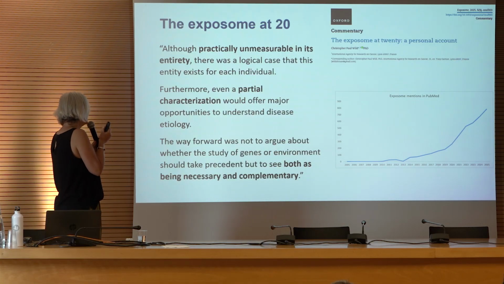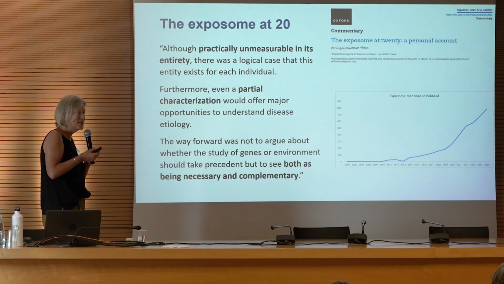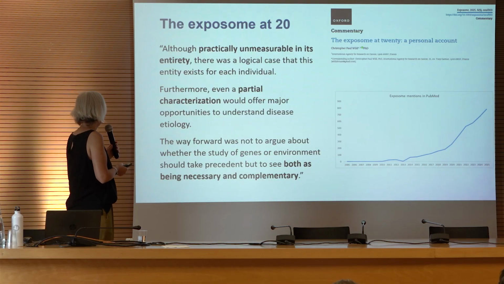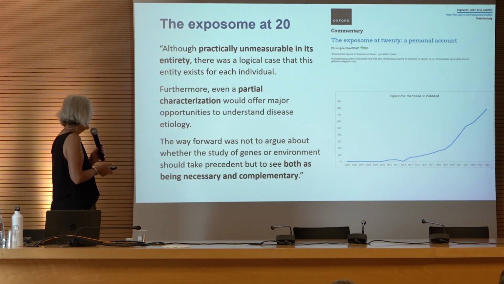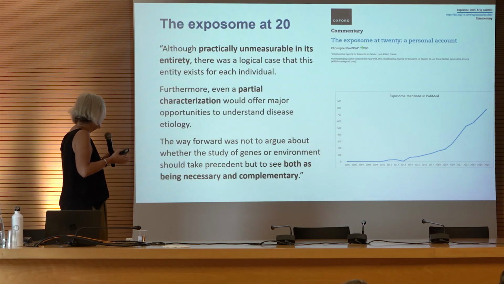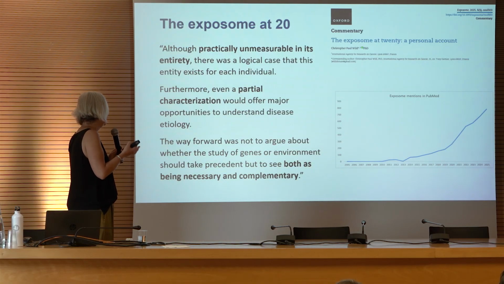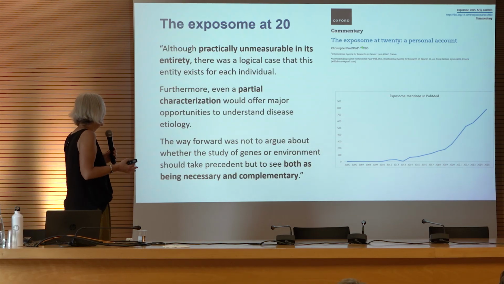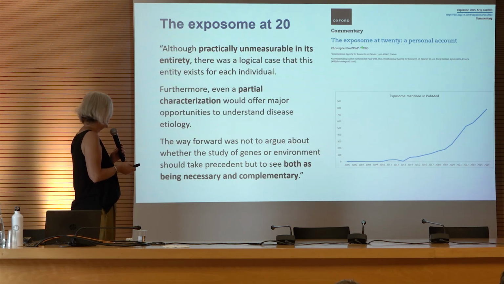And also that even a partial characterization of this exposome would offer major opportunities to understand disease etiology. And he went on to say, this is not an argument between what is more important, genes or environment. It's really a way where we can see both as necessary and complementary.